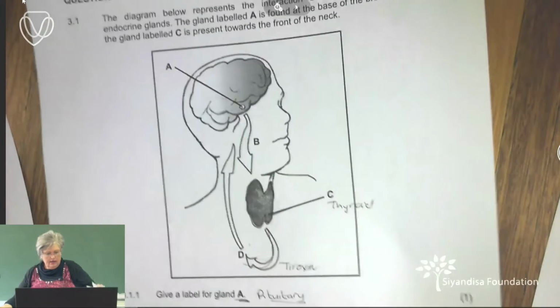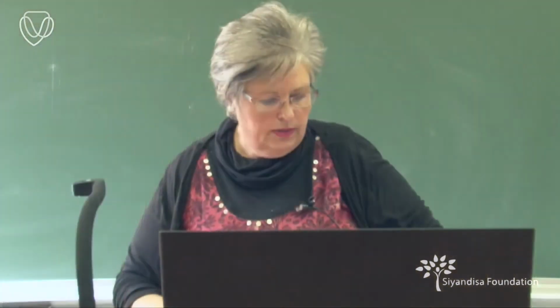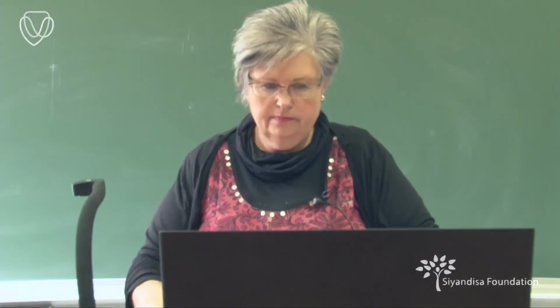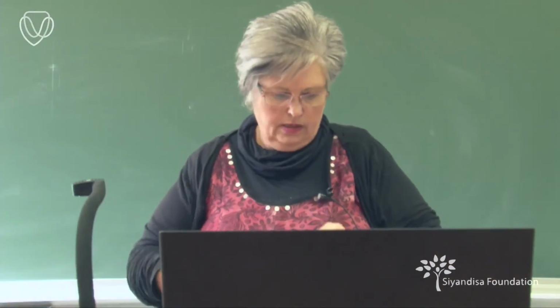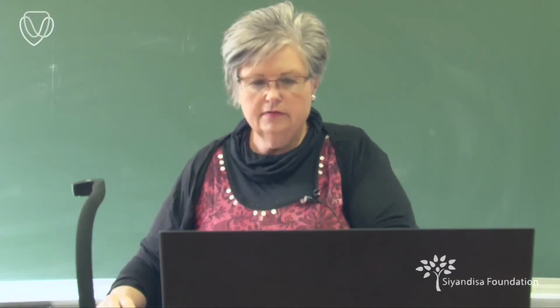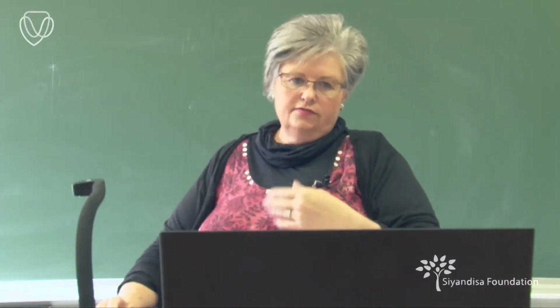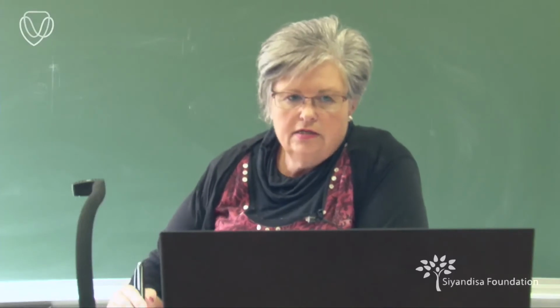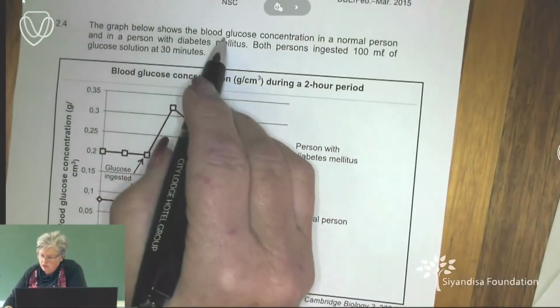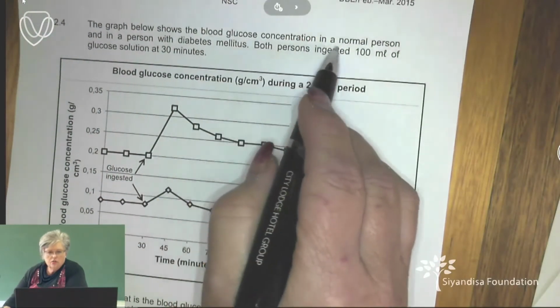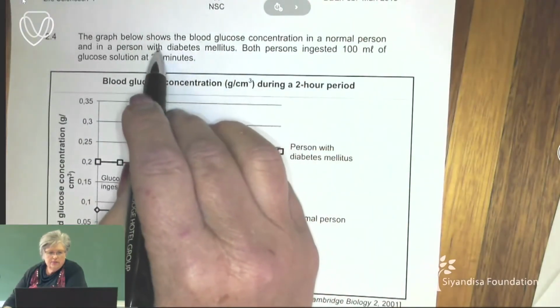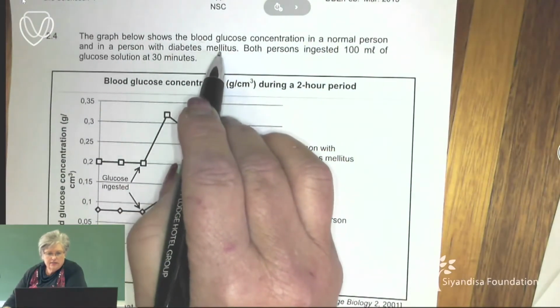Okay. The next question was on blood glucose level, one that is often asked in the form of graphs. The graph below shows the blood glucose concentration in a normal person and in a person with diabetes mellitus.